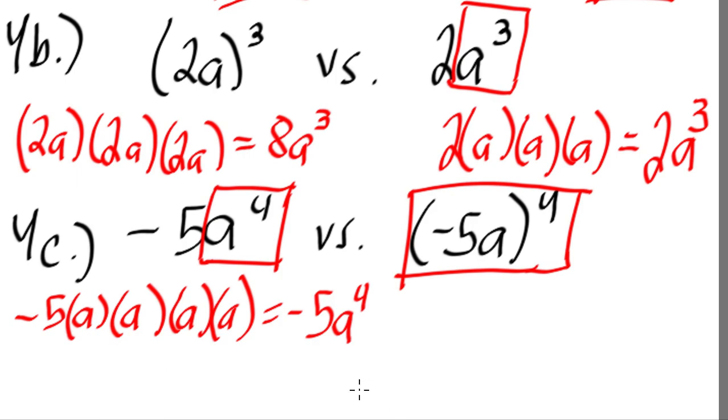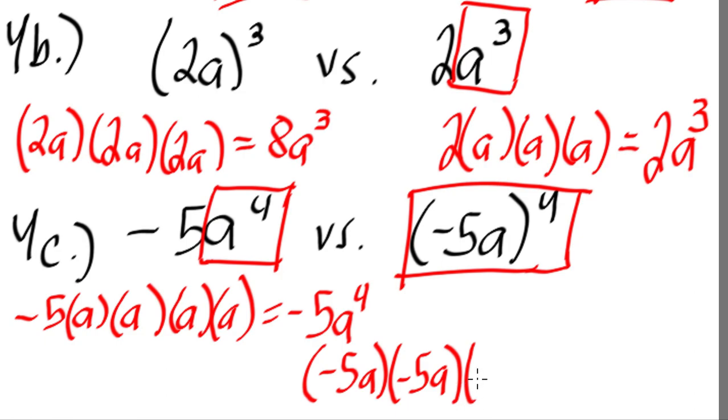Okay, simple as that. Actually, we just copied it right straight off here. But how about this one? This will look like negative 5a as a whole multiplied by itself. So it looks like negative 5a times negative 5a times negative 5a times negative 5a.